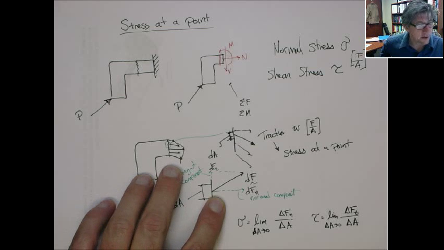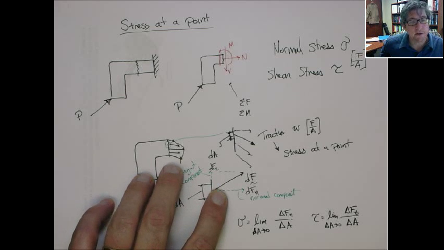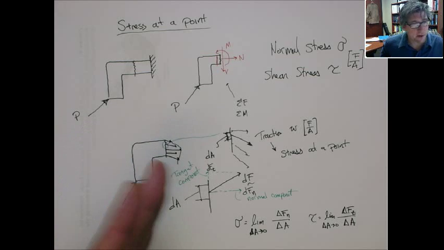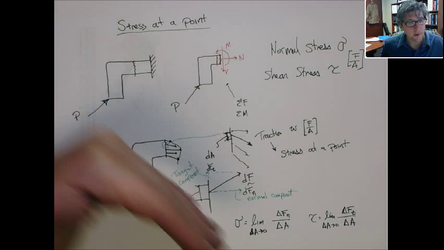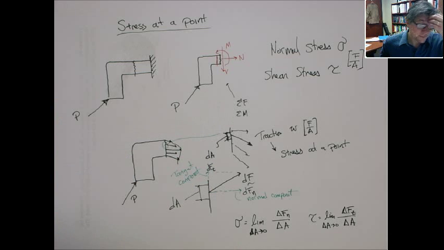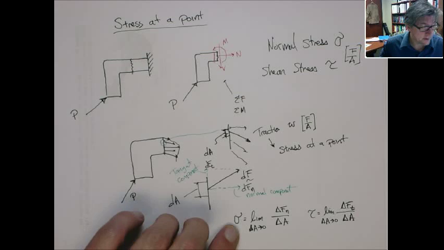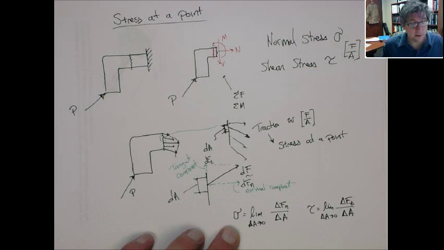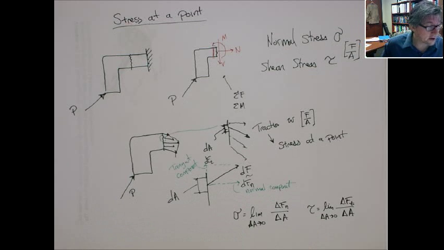Those are the projected components of these traction vectors, the internal traction force occurring in the body. So you can see it depends upon the loading, the point we're talking about, but also the way that we cut the point. Force per area. These are functions of position. That's the notion of stress.